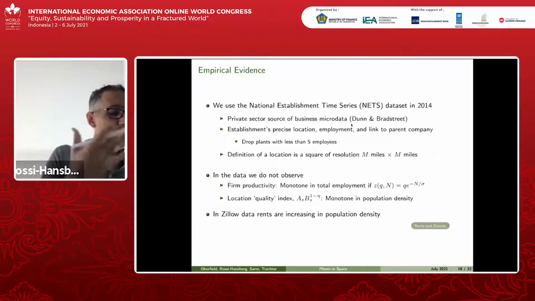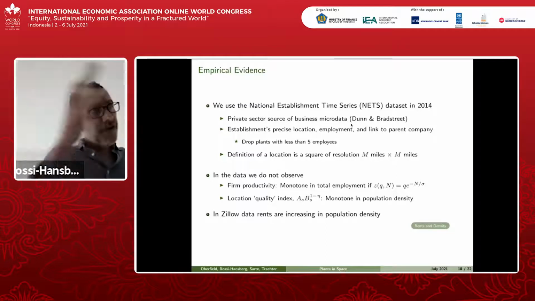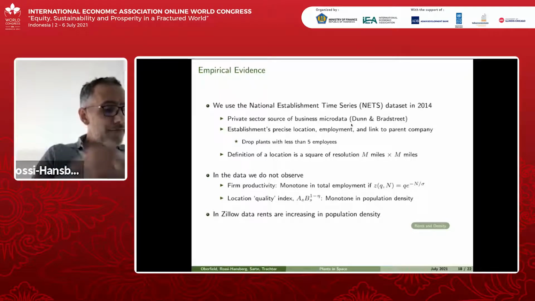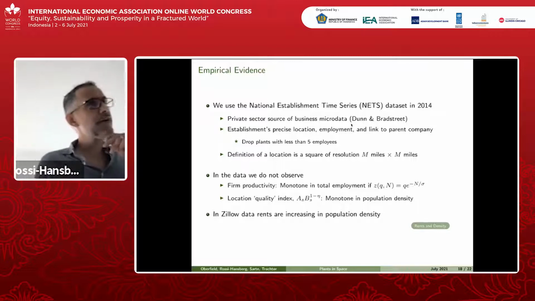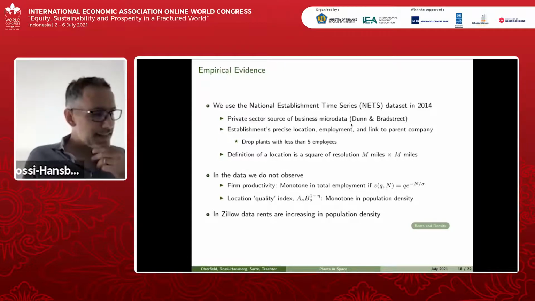The last part of the paper, we present some evidence for all of this, that it's a little bit more systematic. It all uses this NETS data set for 2014, which is data from Dun & Bradstreet. The spatial area we organize by dividing the US into squares of a certain number of miles, M by M, where M can vary from, I think we varied from 12 miles to 48 miles.